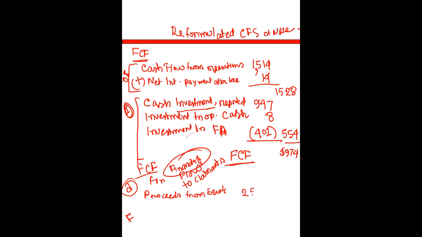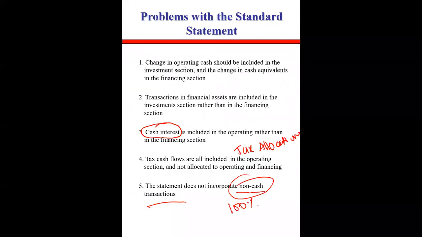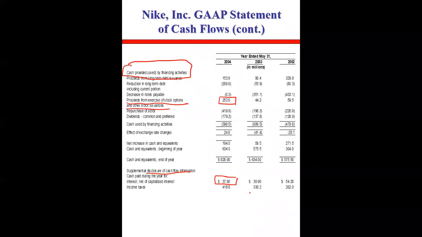Around 254 million. We are subtracting it. I do not like to mention the reason again. Now, let me take you again to the cash flow from financing part. You see, immediately after this, there's a repurchase of stock. What is happening here? Is the firm receiving cash from the stockholders, or is the firm paying cash to the stockholders? The firm is paying cash to the stockholders. In that case, should it be added or should it be subtracted?